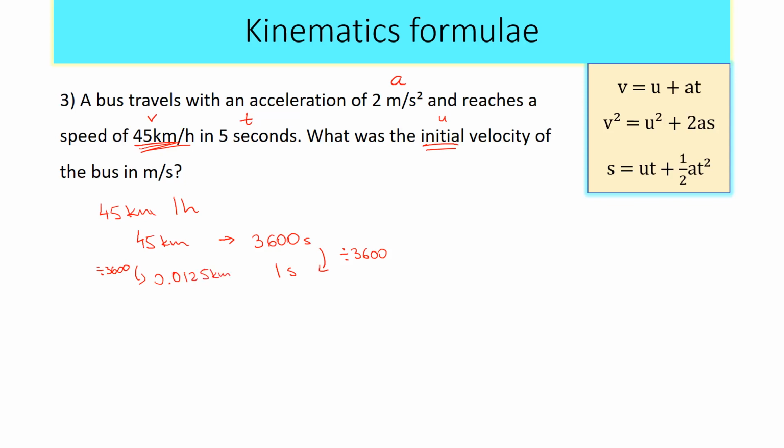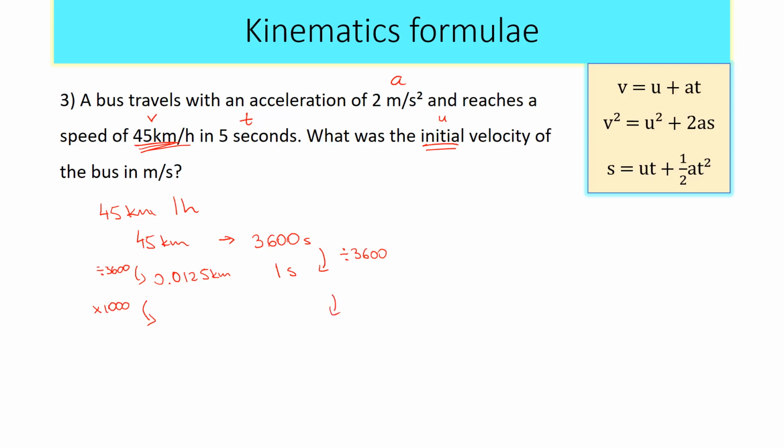Now I don't want my unit to be kilometers per second, I want meters per second. So to go from kilometers to meters, I have to now times by 1,000, because there's 1,000 meters in 1 kilometer.